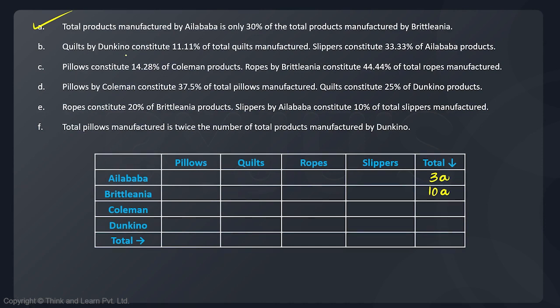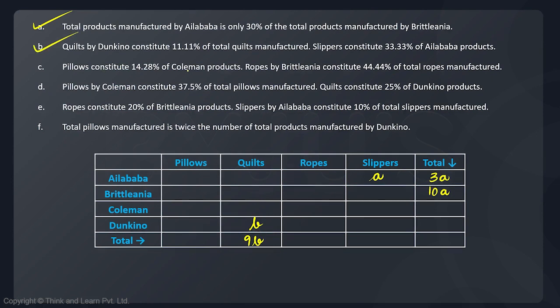Next, Q by Dunkino or Q by D, this is 11.11%, that is 1 by 9 of total quilts manufactured. So if I take this as 9B, this part is going to be B. Slippers constitute 1/3 of A's products. So if you go to A, its total is 3A. So slippers is going to be 1/3 of that, so it's going to be A. So we're done with the second statement.